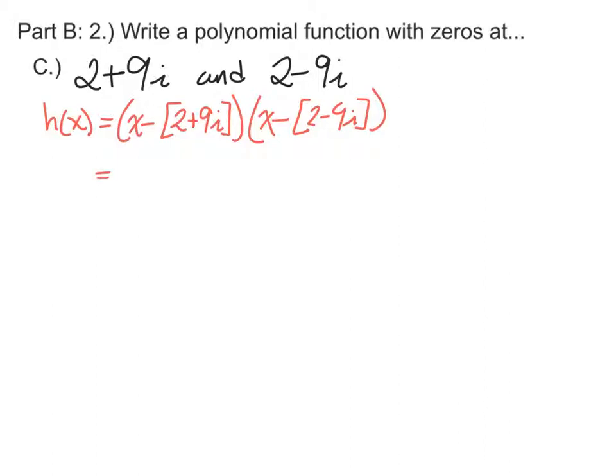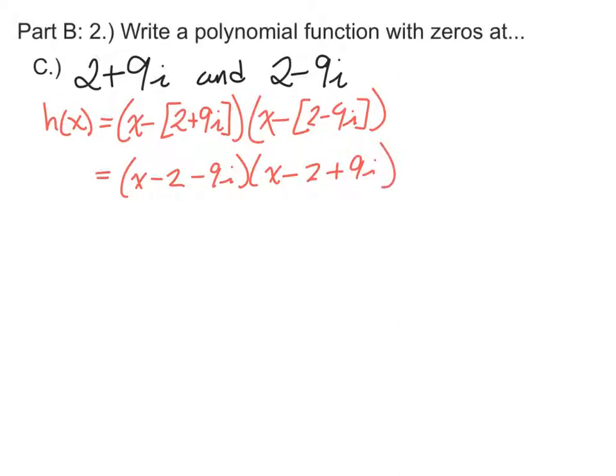Now there are a couple of little tricks that will help us along the way. The first thing that we do have to do is distribute that negative, that minus that's inside each of these factors. So distributing the negative to the minus here, we'll have x minus 2 minus 9i. And in the other factor, it will be x minus 2 plus 9i.